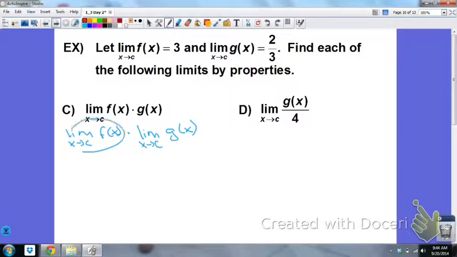This limit value is equal to 3, as stated at the beginning of the problems, times this limit value, which is 2/3. 3 times 2/3 gives us an answer of 2.